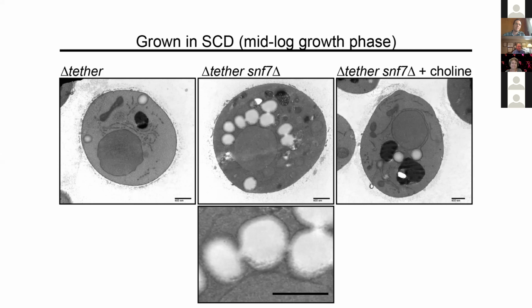And this is because in the delta tether strain, there's a pathway called the RIM pathway, which recruits ESCRT-III to the plasma membrane. And this pathway is constitutively activated in the delta tether strain background. And it's thought to be activated because the lipid composition of the plasma membrane isn't quite right in the delta tether background. And there's a sensor that activates the RIM pathway.